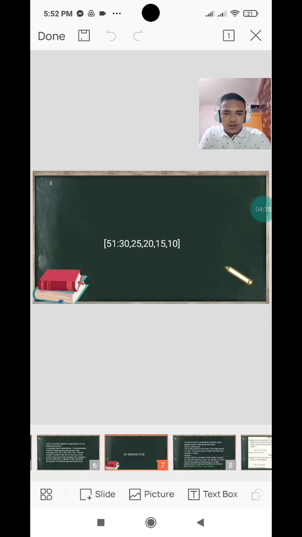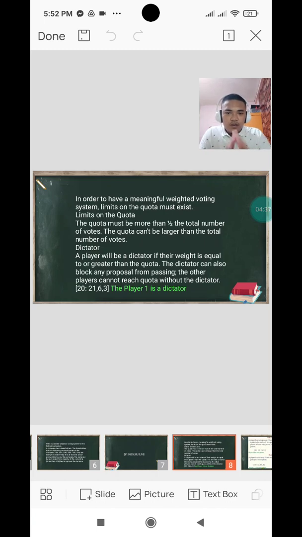Next, in order to have a meaningful weighted voting system, limits on the quota must exist. The quota must be more than 1/2 the total number of votes. The quota can't be larger than the total number of votes.